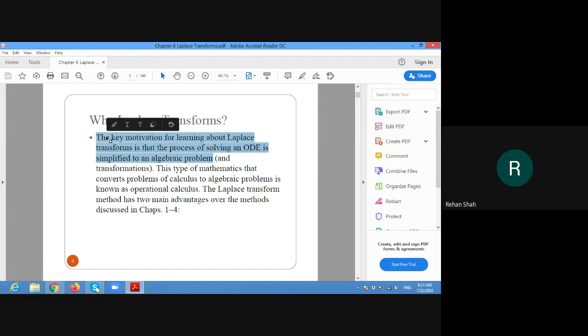You can handle the algebraic equation better. Dealing with an algebraic equation is a little simpler than dealing with a differential equation. So you convert the differential equation into an algebraic equation, and then you deal with the algebraic equation for solving it. You will see this later, when you apply the Laplace transform on a differential equation, that it converts it into an algebraic equation.